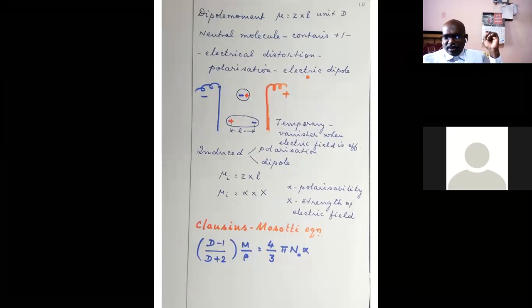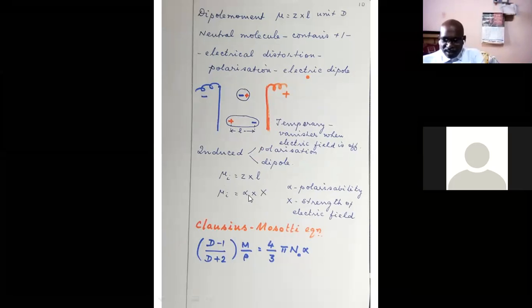It vanishes when the electric field is off. Now, the induced dipole moment mu I is equal to Z into L, where Z is the charge and L is the distance of separation between the plus and the minus charges. It can also be written as the induced dipole moment is equal to alpha into X.